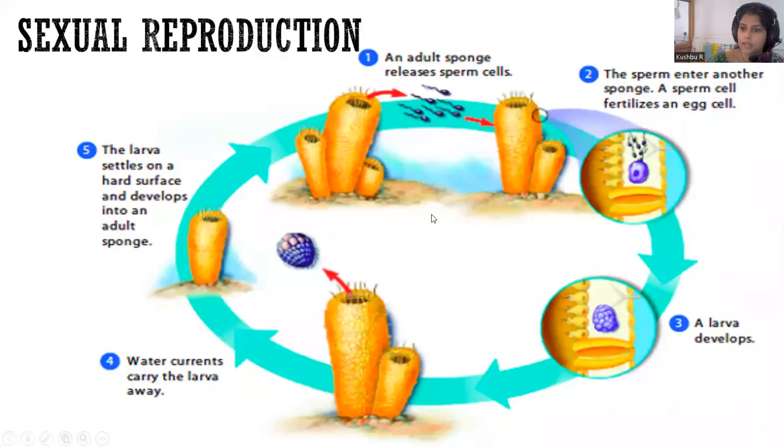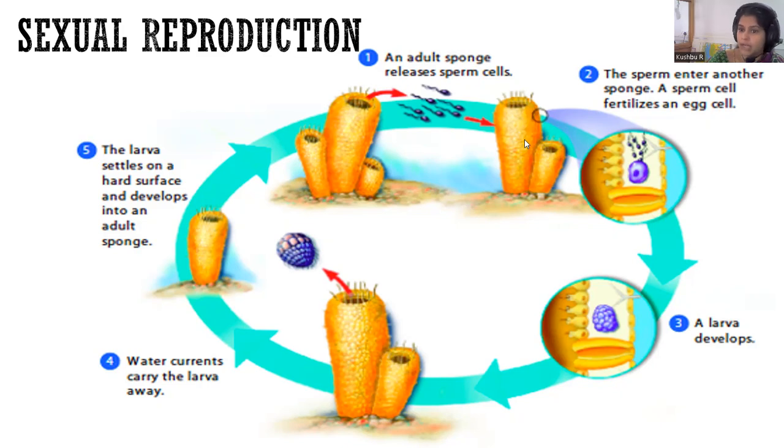To speak about the sexual reproduction, the sea sponges produce mature antherozoids or mature sperm cells. These adult sponges produce mature sperm cells, which travel by the water current, go and fertilize another sea sponge which carries ova, or eggs, in it, and then that egg cell is fertilized.